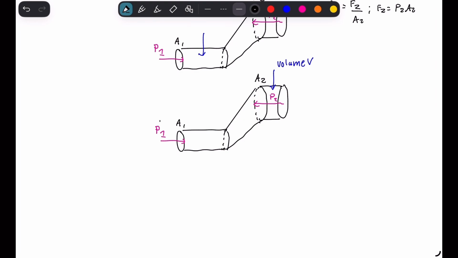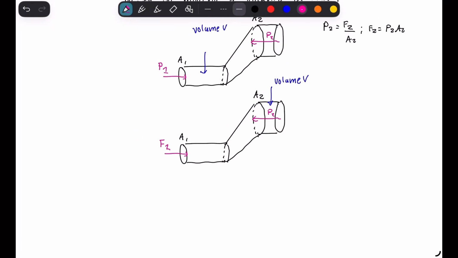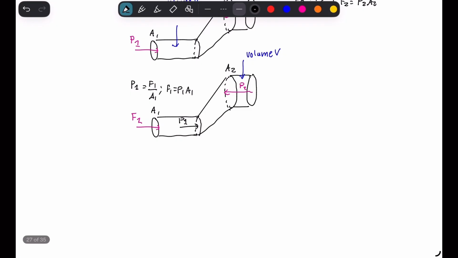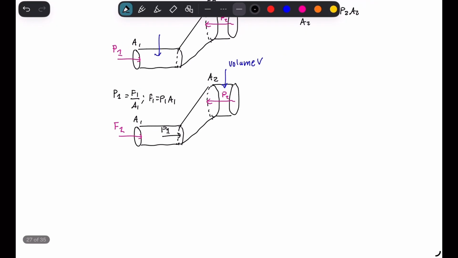Here, we're going to call this F1. That's going to be F1. And then here, P1 is equal to F1 over A1, so F1 is equal to P1A1. Here we have a P1 flowing here, and then here we have A2. We have P2 here, and then F2.